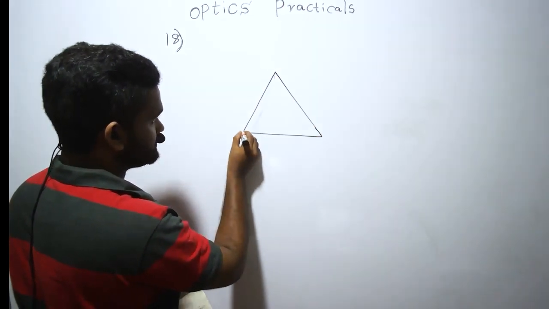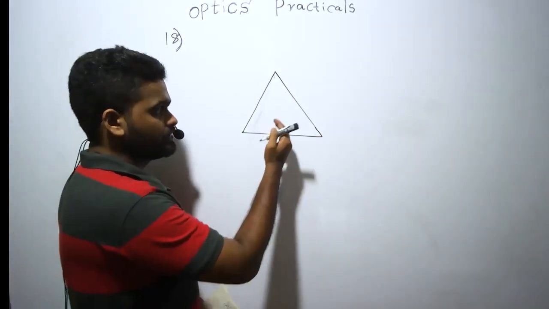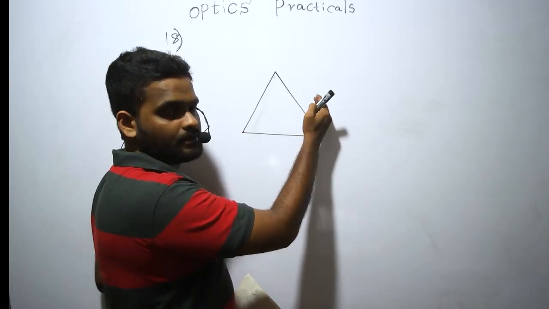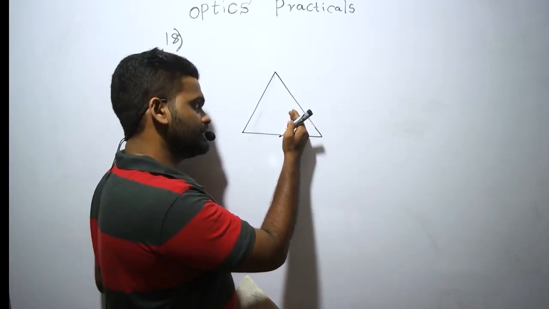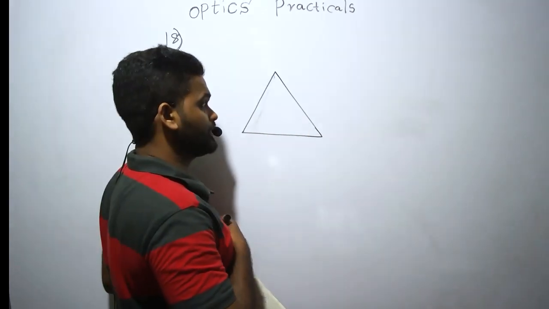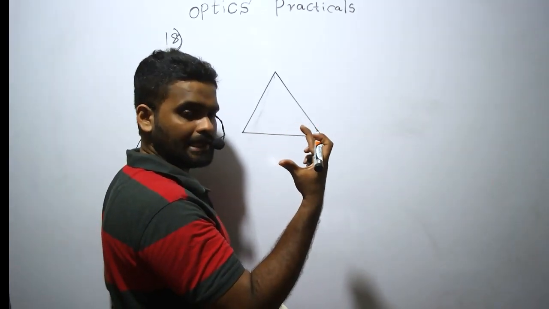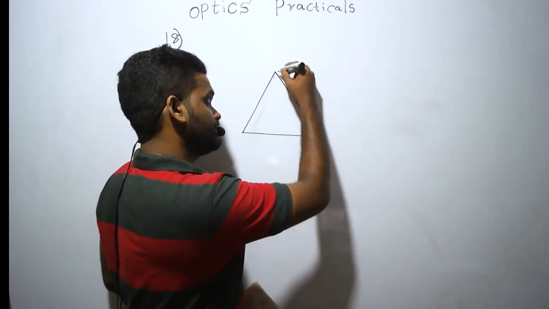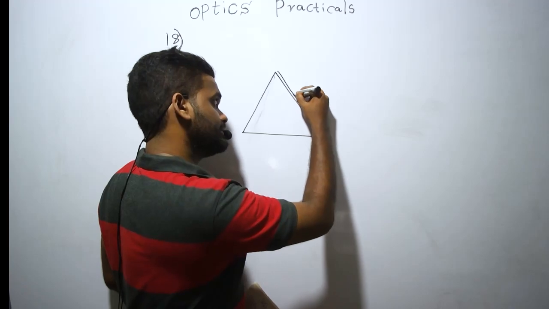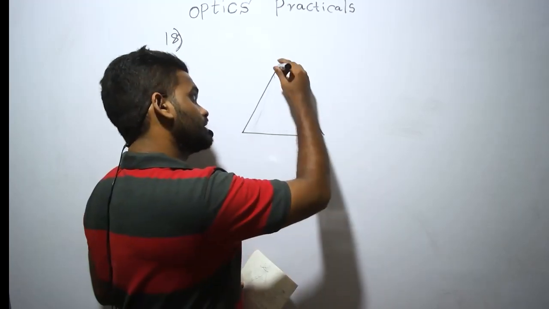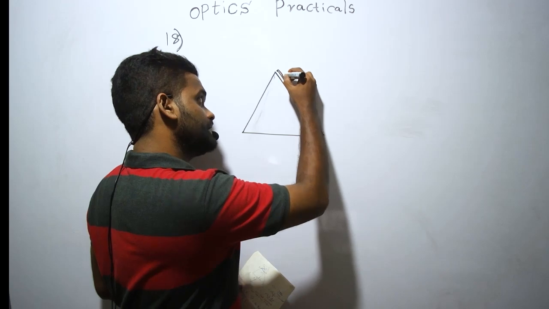Now you have the prism, right? For the previous one it was a glass-air interface. For this one we need a glass-liquid layer. So how to create a liquid layer? You get a microscope slide, put some water here, and place the microscope slide here like this.